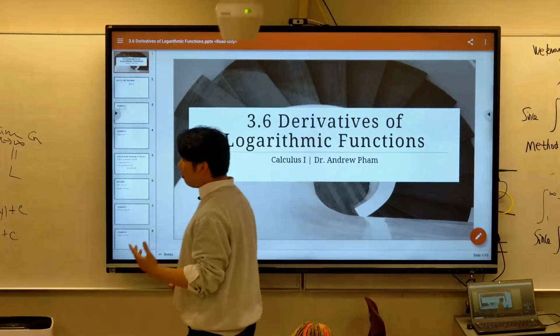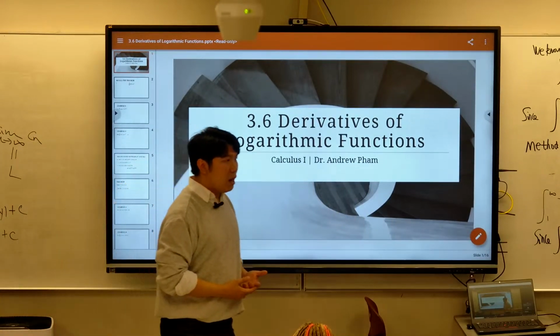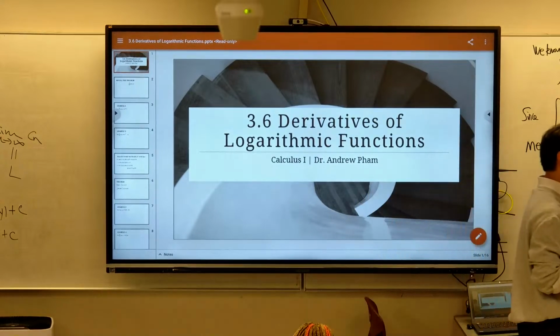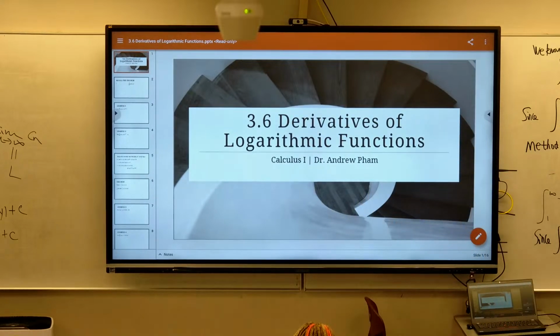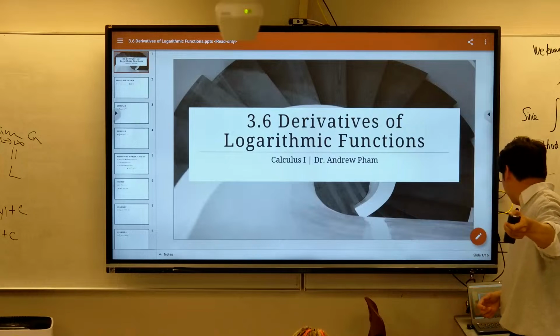So let's just go ahead and do a quick recap of something that we do already know. The exponential function. So can someone go ahead and give me the derivative of e to the x, for example? Yeah, the derivative of e to the x is e to the x.